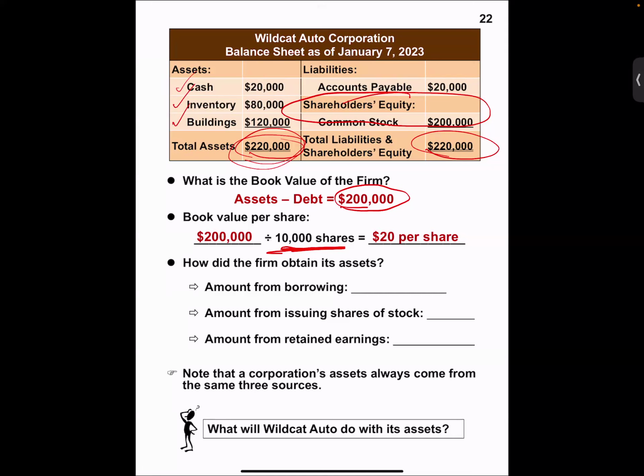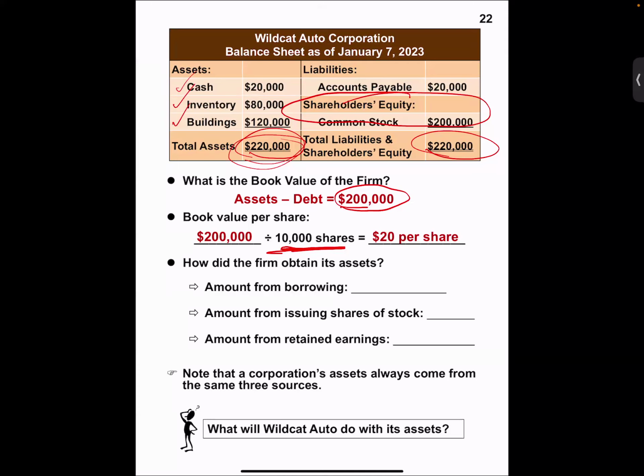There are three potential sources of funding of where companies got their assets from. It's going to be from borrowing, also known as debt or liabilities, and from the two items that make up shareholders' equity. The paid-in capital part, so far that's our common stock, and then the second part is our retained earnings.